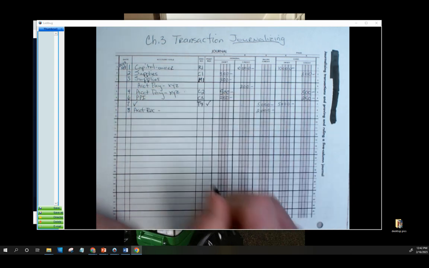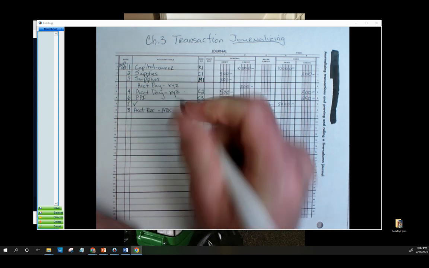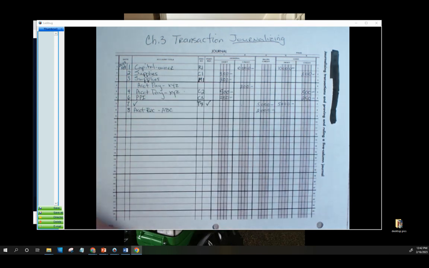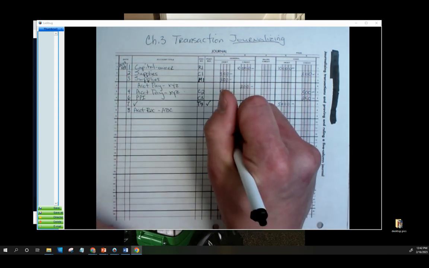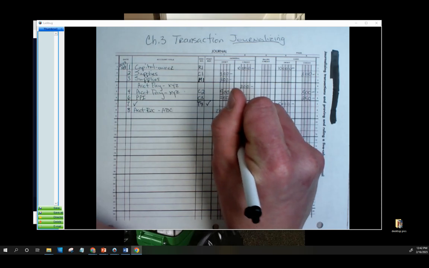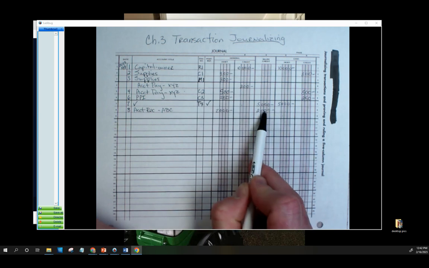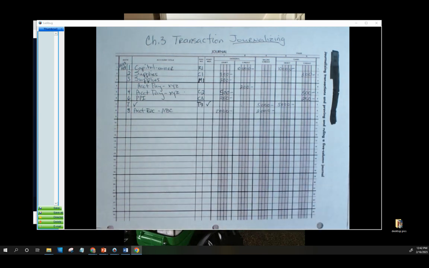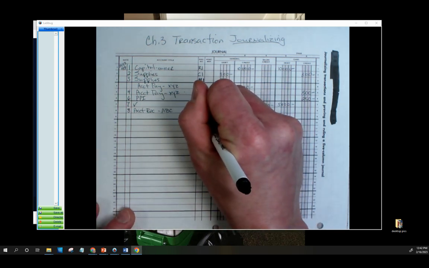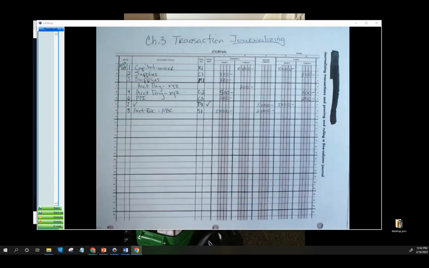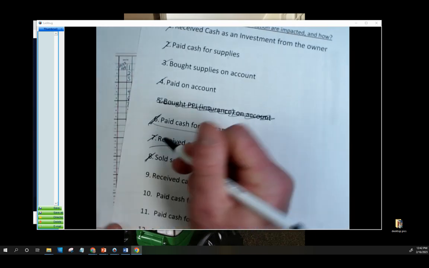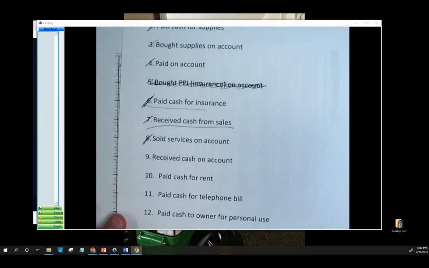Let's just say we sold to ABC Business, and they owe us $2,000. So a debit to an asset makes your assets go up. Credit to sales makes your owner's equity go up. And this was a sale on account, so this is your sales invoice, S1 for your first invoice. All right, so that's that transaction. Only a few more left.